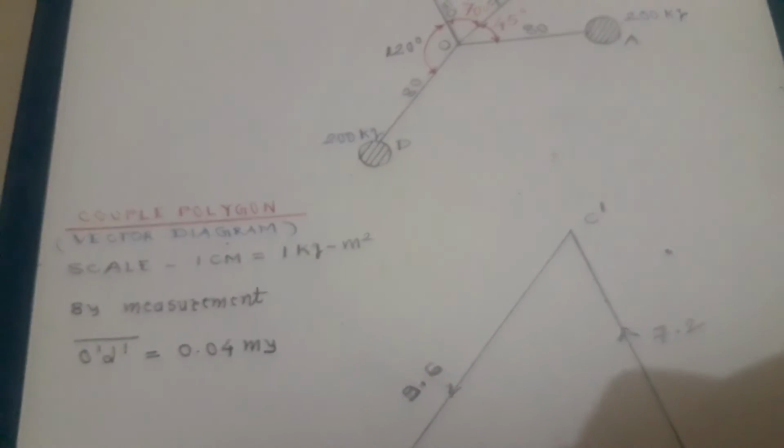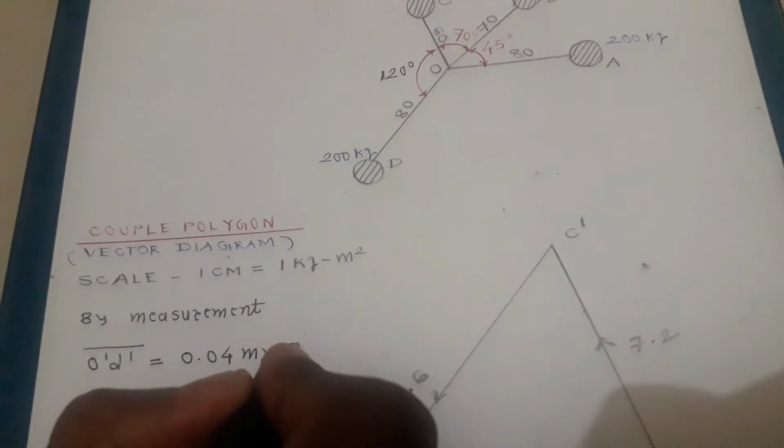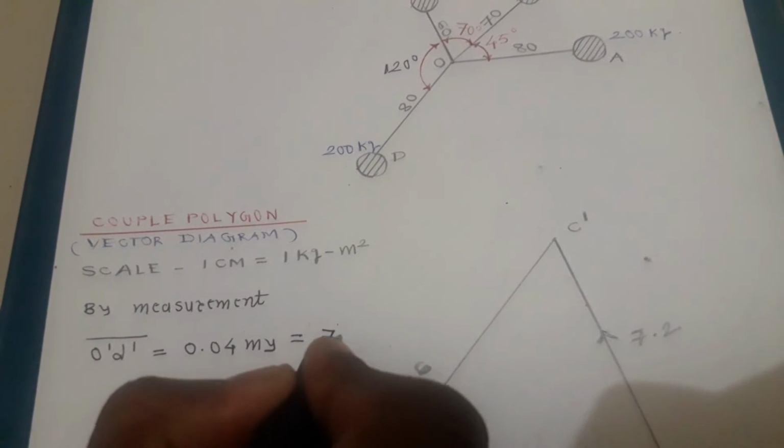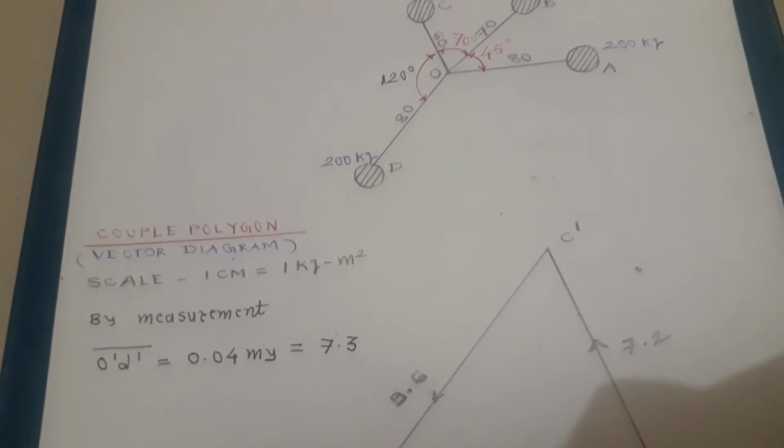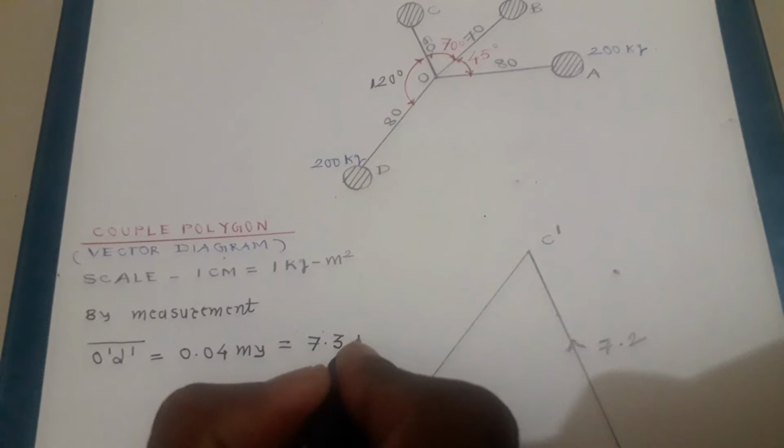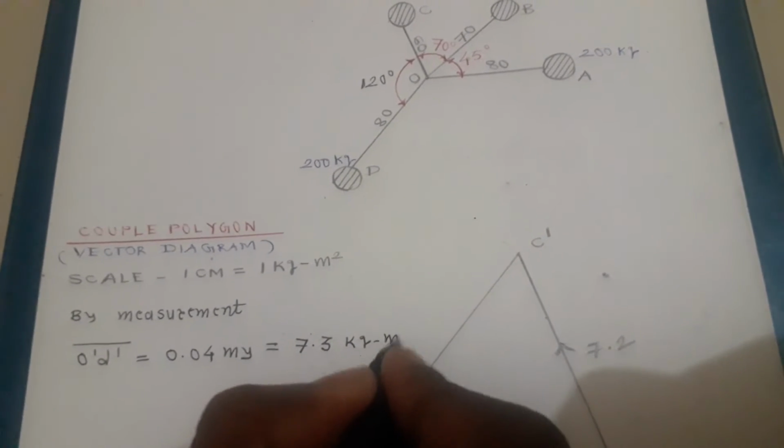If you measure from this, we get this entity as 7.3 kg meter square.